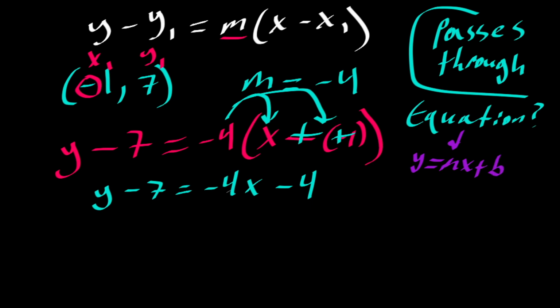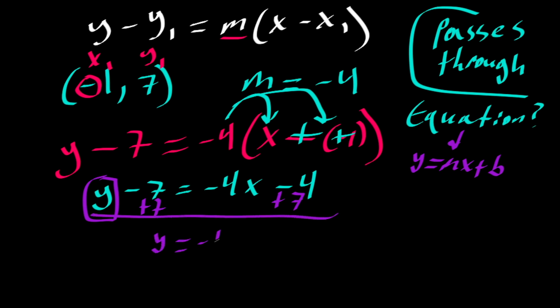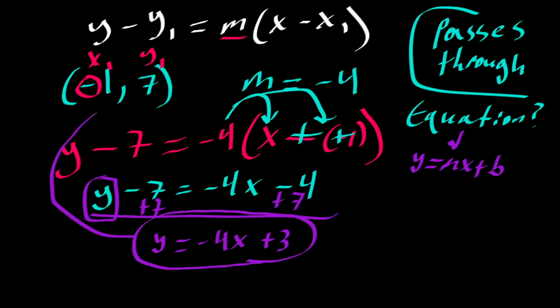All we have to do is isolate y, which means adding 7. So y equals -4x plus 3, and that equation passes through the point -1, 7 and has the slope -4.